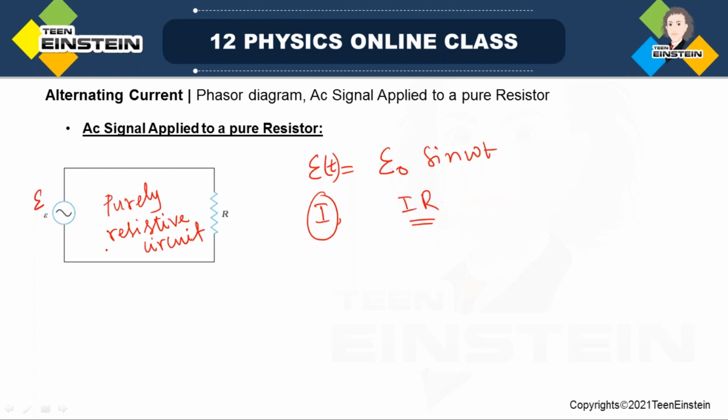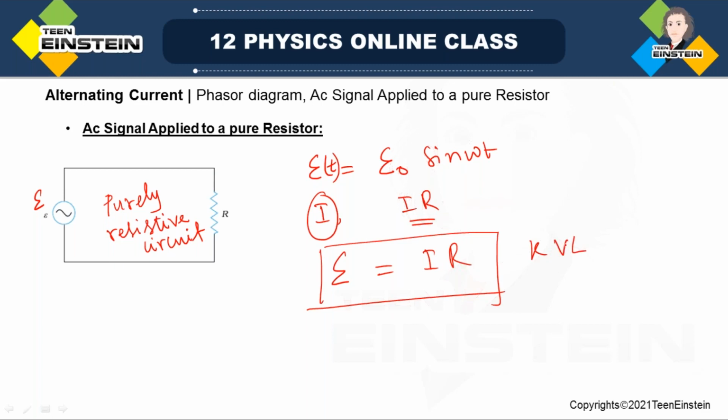Now if I write Kirchhoff's law for this circuit, applying KVL, what I get is E equals IR.